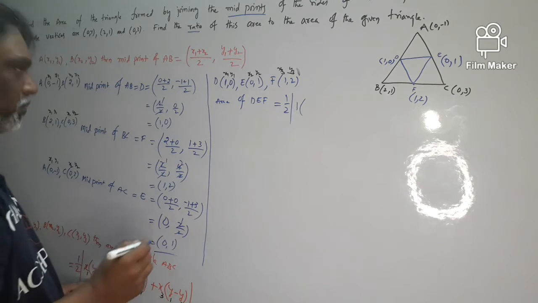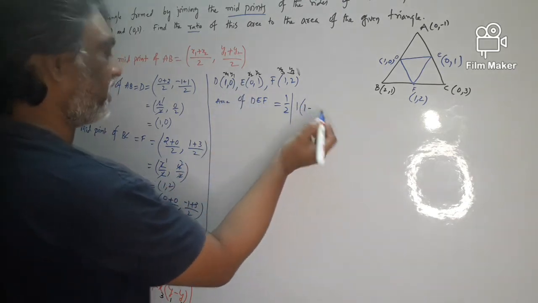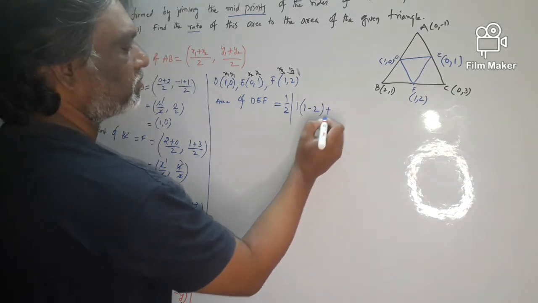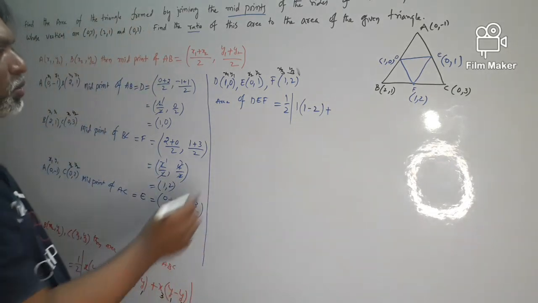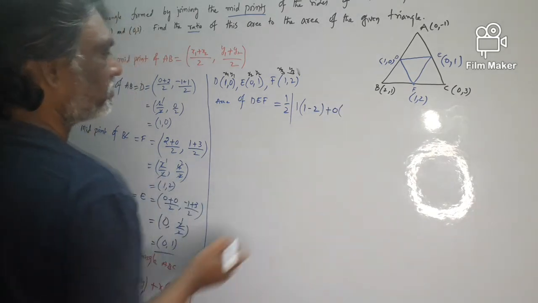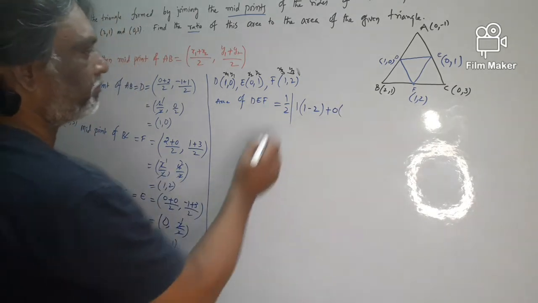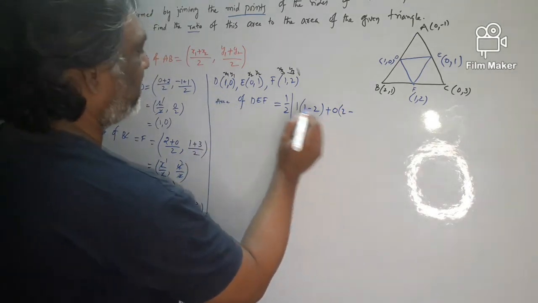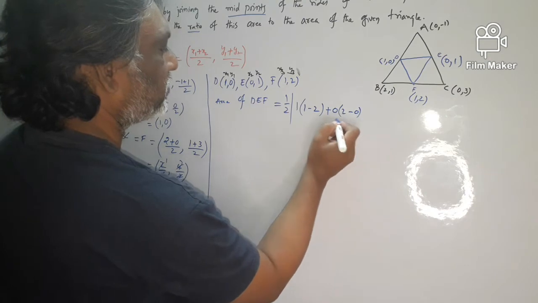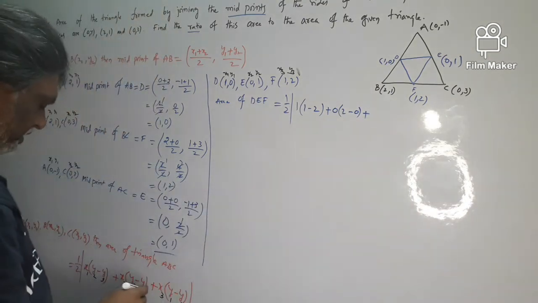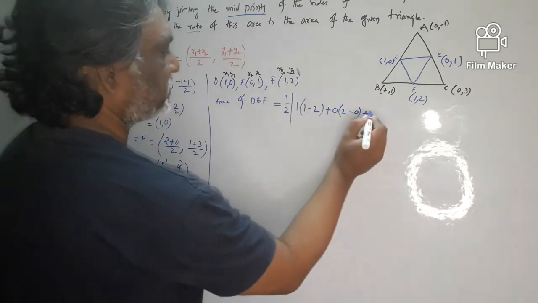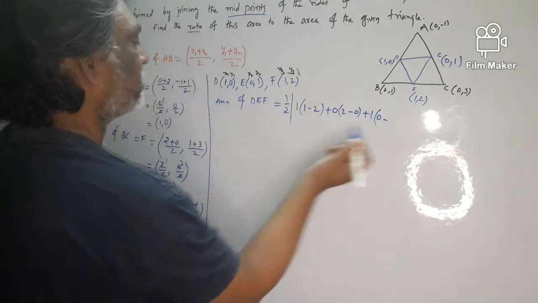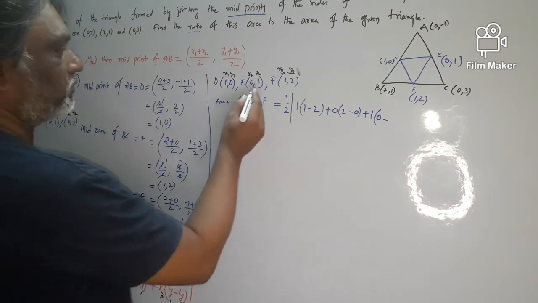Now y2 is 1 minus y3 2, right, plus x2 0, y3 or 2, y1 0, x3 is 1, y1 0, y2 1.